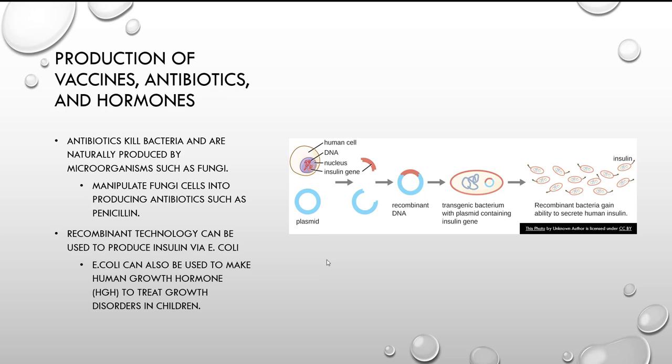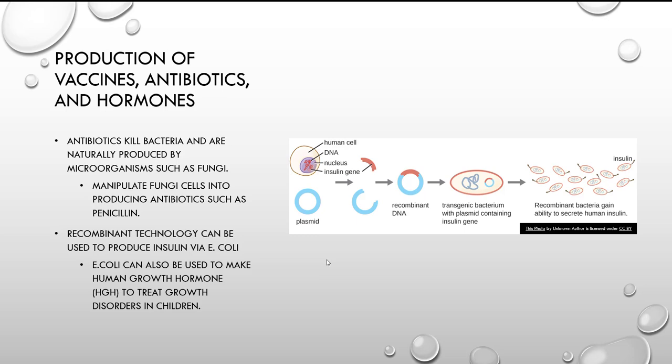Antibiotics are naturally produced by microorganisms. Most of them are produced by fungi. For example, penicillin is a natural antibiotic produced by a fungus that grows on oranges. If you take an orange and leave it out for too long and see mold growing on it, that's a fungus that's producing penicillin.